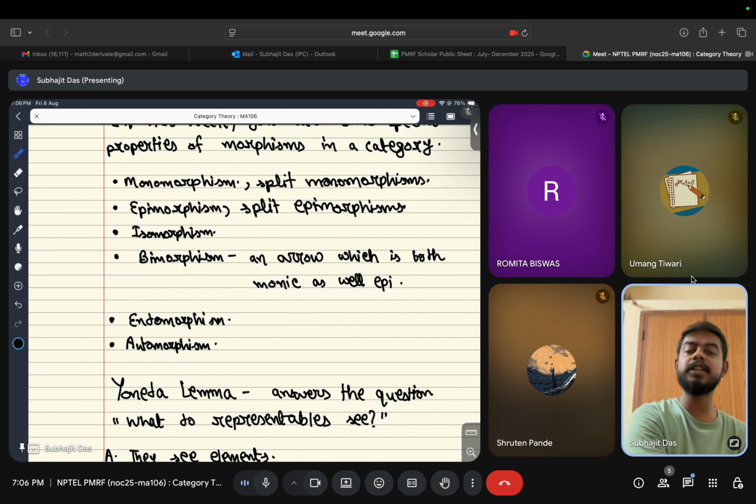So the definition of a split monomorphism, that it is exactly an arrow which is left invertible, does not depend on the ambient category, in the sense that, I mean, it depends on the ambient category, but the idea is that it should have a left inverse, right? Existence of a left inverse guarantees that it's a split monomorphism.